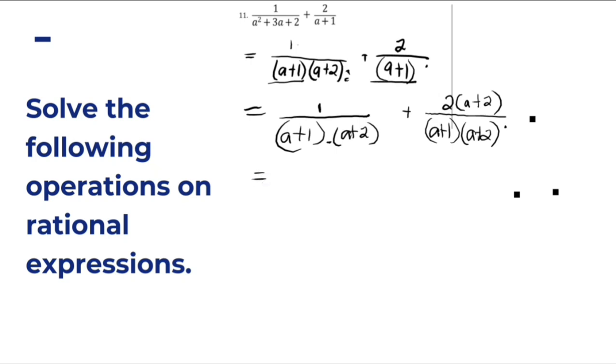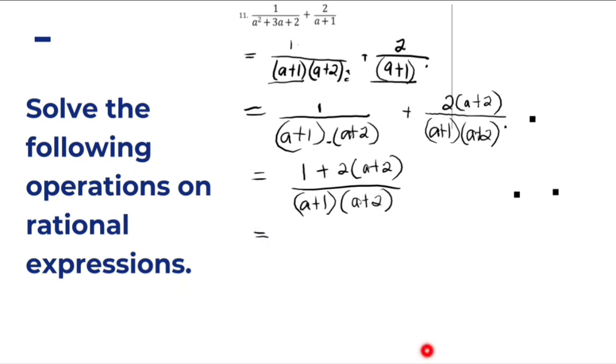So that means to combine, we'll just combine the numerator 1 plus 2 times a plus 2 all over the LCD a plus 1 times a plus 2.